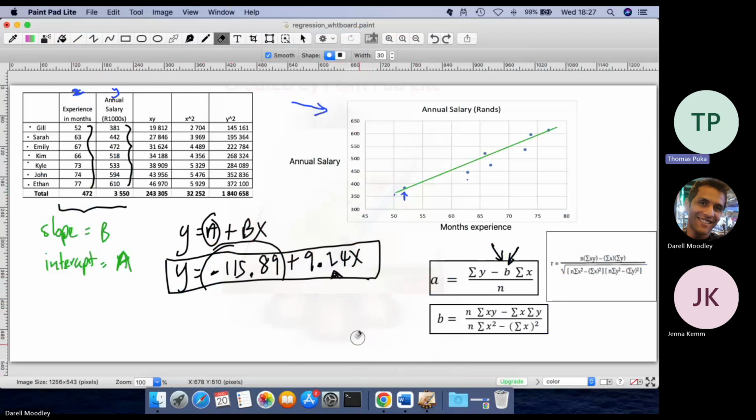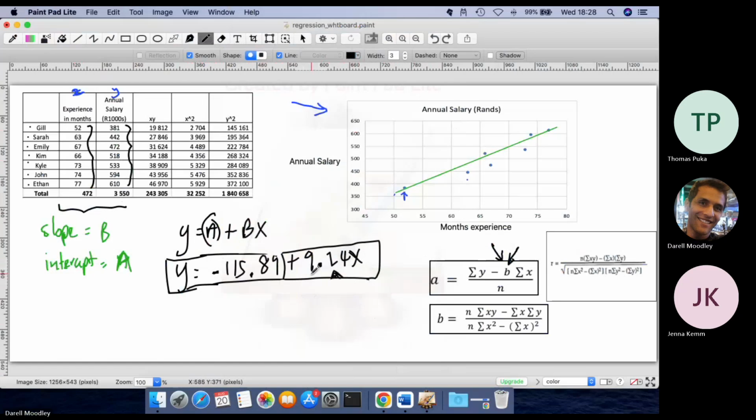Hi, Dara. Yes, Thomas? I just want to check. You see this box that you just highlighted, the y equals minus 115 point. Is that the slope of the line? No, the slope is whatever's in front of the x. See, there's your x.